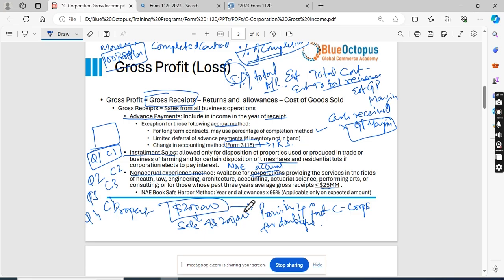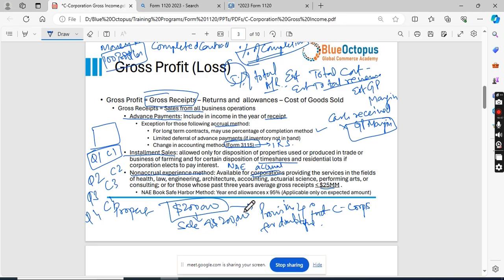If at all you come across clients with something related to this, and you see anywhere in your client's books that the company is into health services or law services, you may give them the advice that they should go for the non-accrual experience method and take the safe harbor method and reduce their taxes by taking certain expenses which are not allowed otherwise, because provisions are generally not allowed.